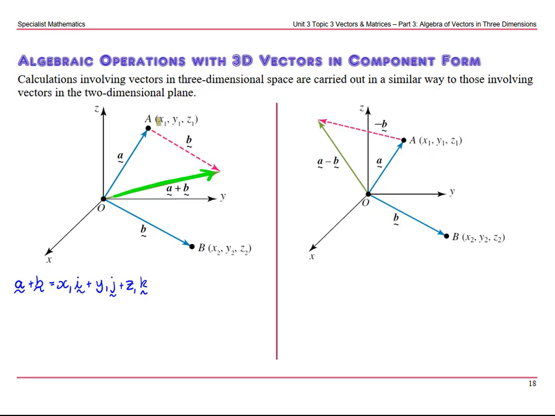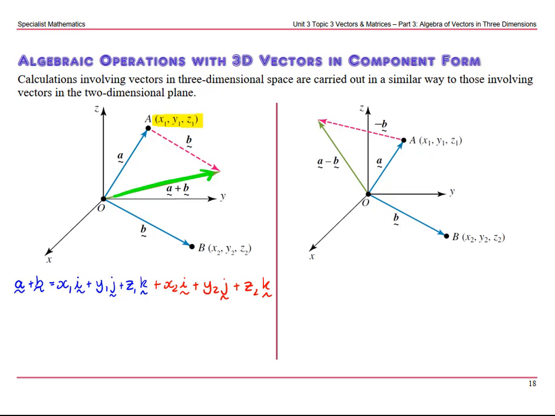So that's using our A coordinate, and our B coordinate is x2i plus y2j plus z2k.